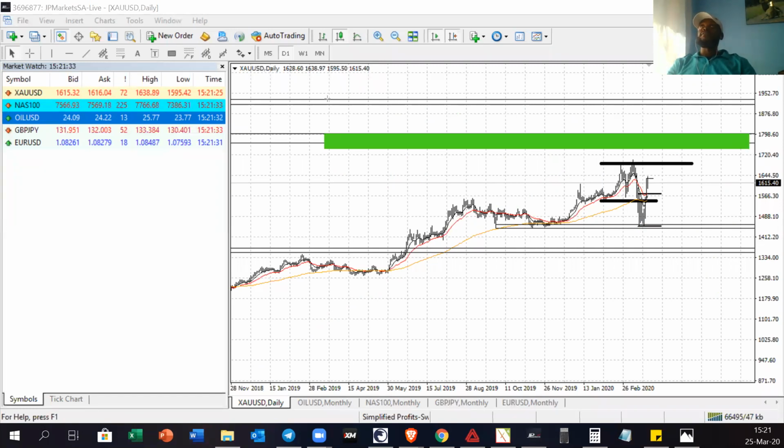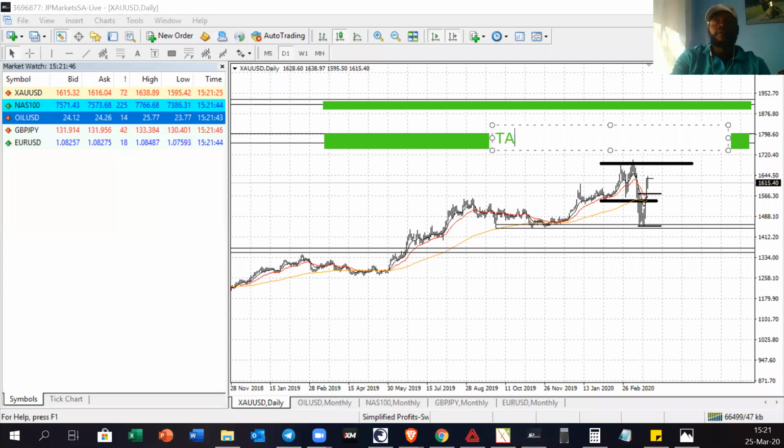We're looking at this level number one, and we're looking at this level number two. Target one, $1,800 an ounce of gold.